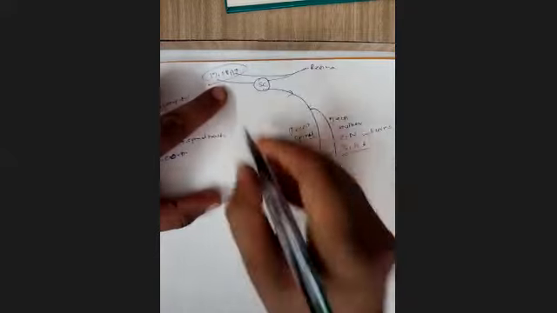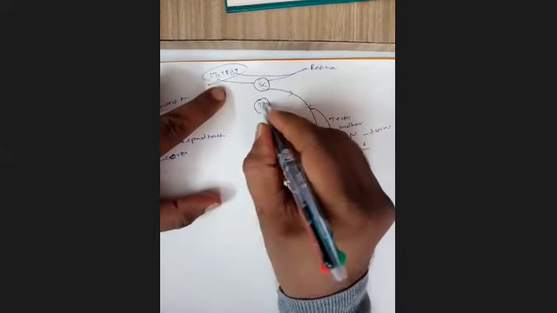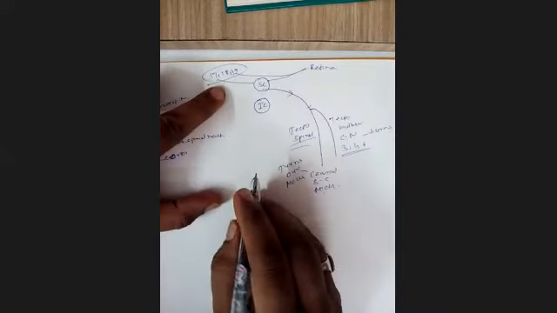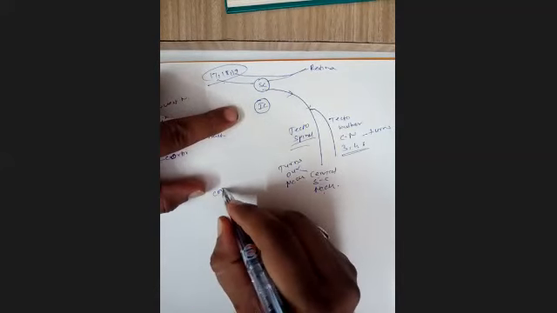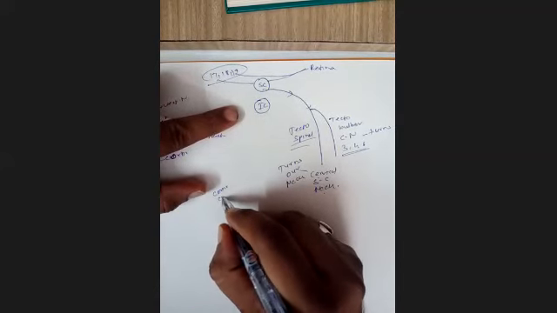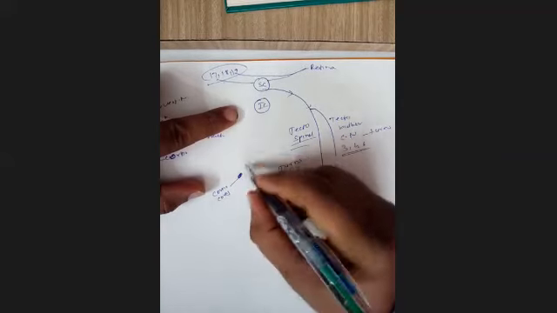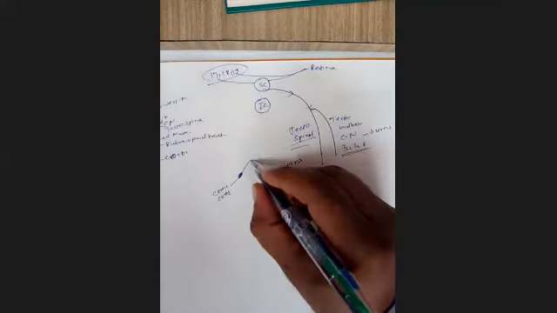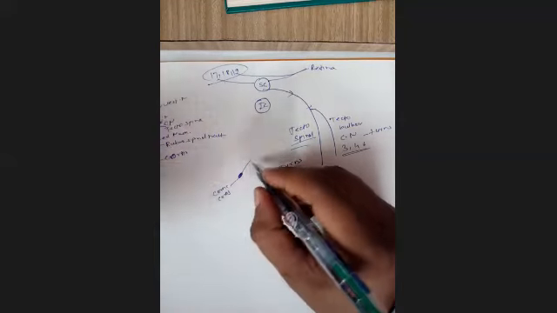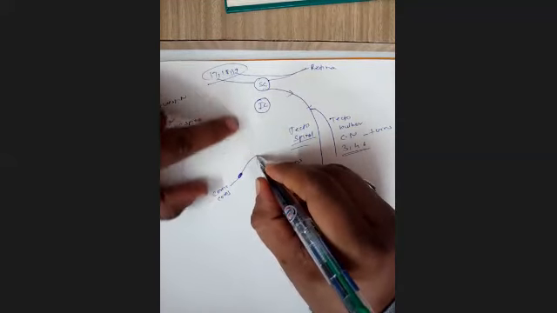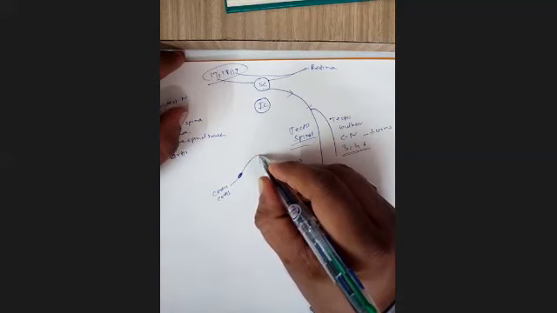Okay. Now, below the superior colliculus is the inferior colliculus. All of us know the auditory pathway starts from the organ of Corti, and then there is a ganglion, and from there it comes to the medulla and goes to the cochlear nucleus.